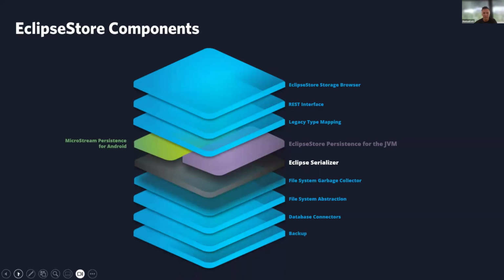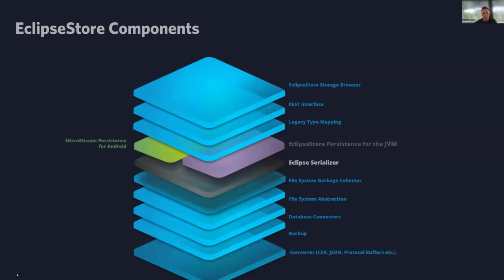We have native backup functions. You can use the backup functions of a cloud vendor or a database, but you can also use the native backup functions. And we have CSV import and export for migrating to EclipseStore and vice versa, migrating from EclipseStore. So this is an open system.